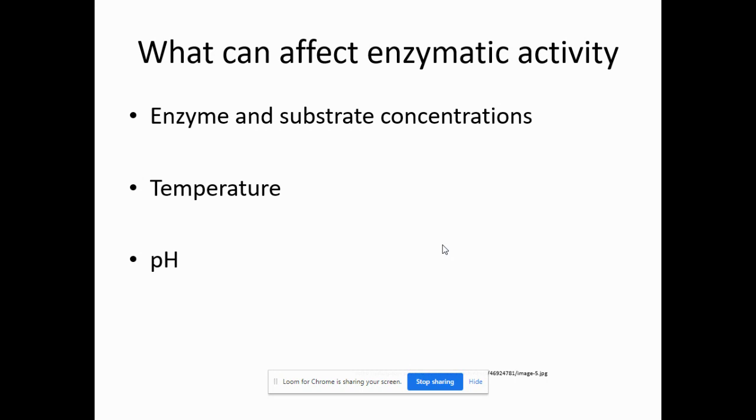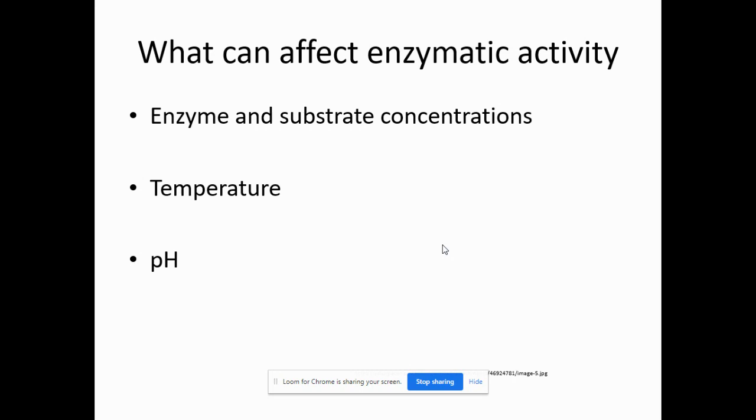All right. However, again, that's up until a point. All right, because what are enzymes again? They're proteins. All right, and so what happens when you increase the temperature to a point where that protein can no longer take it? You remember, it loses its structure.